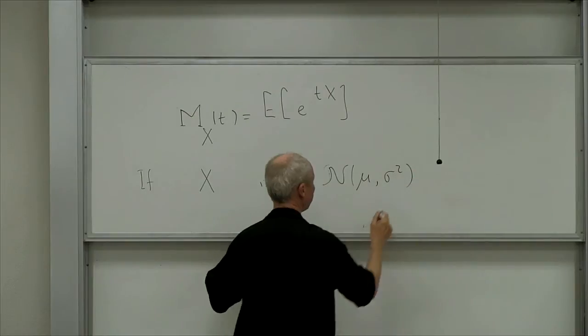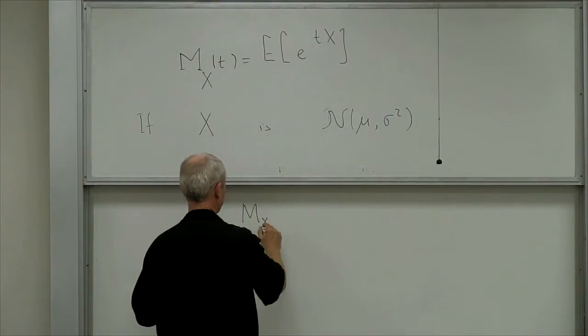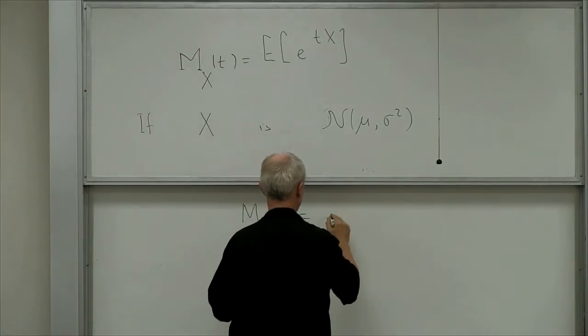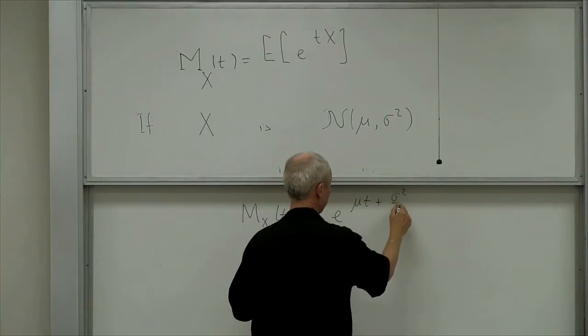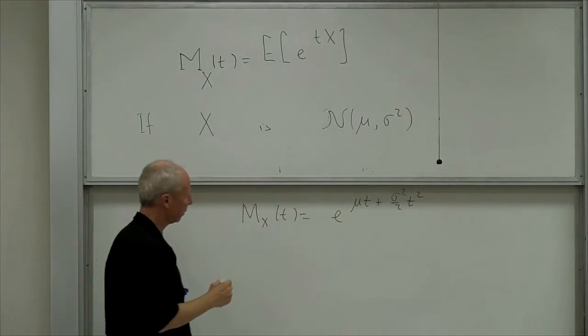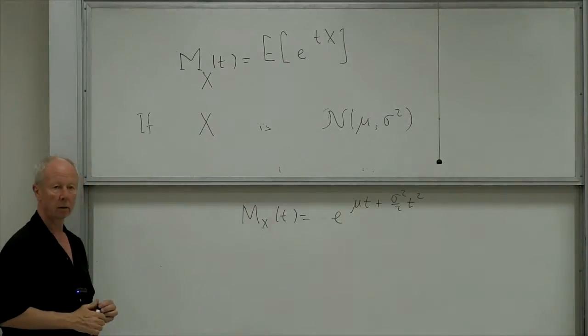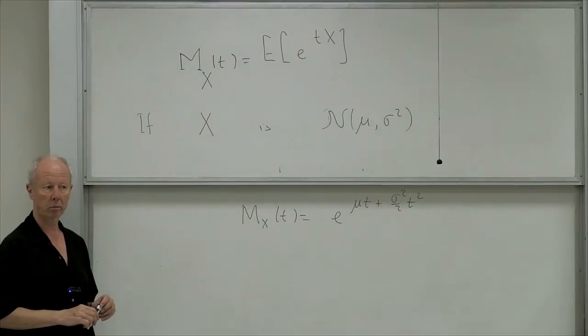If x is normal with mean mu and variance sigma squared, then the moment generating function is that. We did that computation Wednesday.